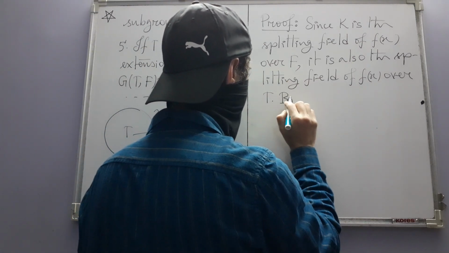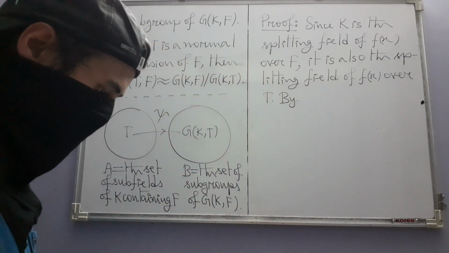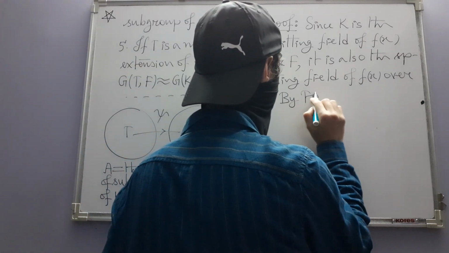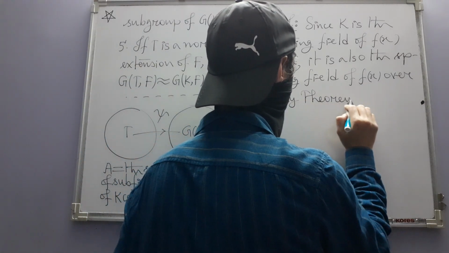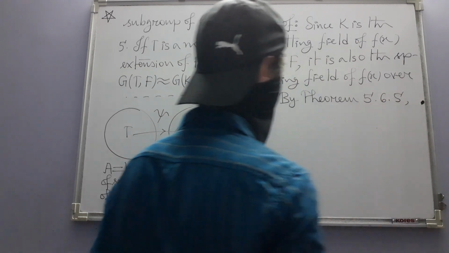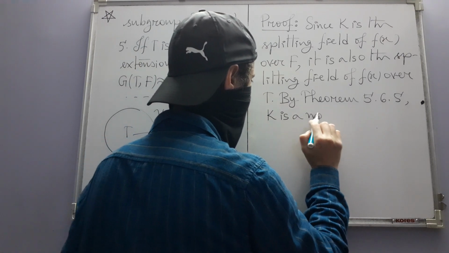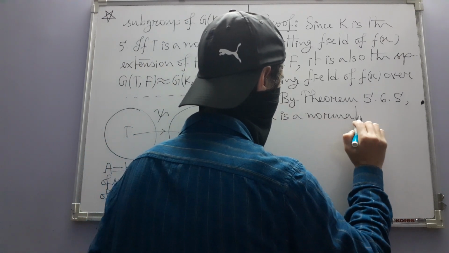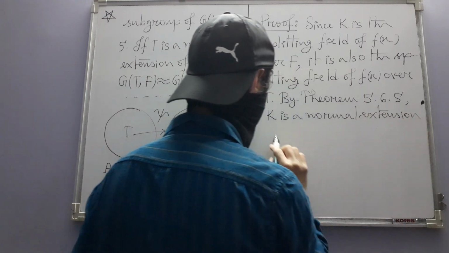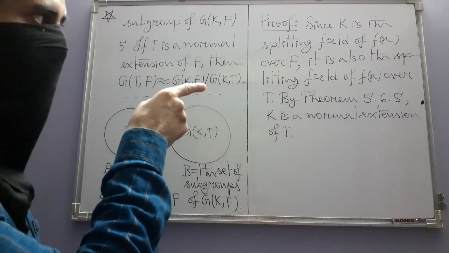But then by that theorem, K is a normal extension of T. What does that theorem say?